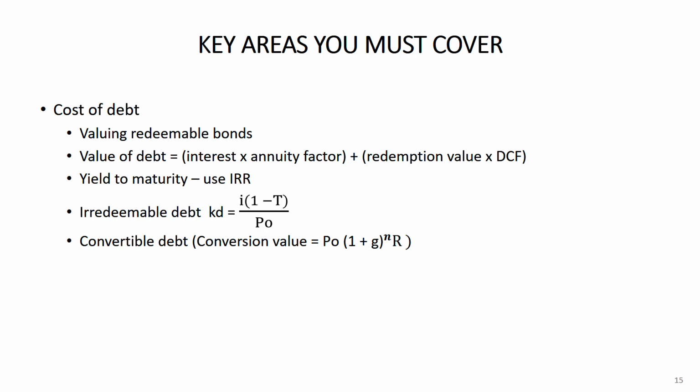This time it is the conversion value. Rest all remains the same. Just do one question and see. You can refer to page 213 of your BPP textbook. With your redeemable bond and convertible bond, everything is the same except it is not a redemption value, it is the conversion value which you are taking.